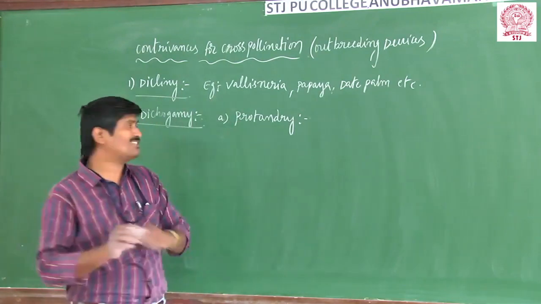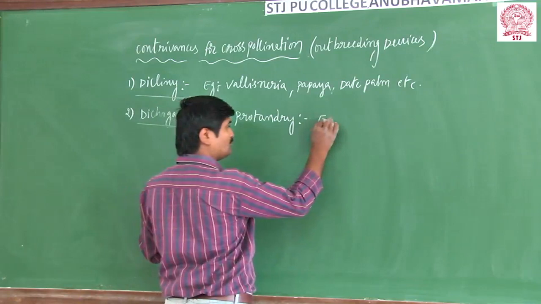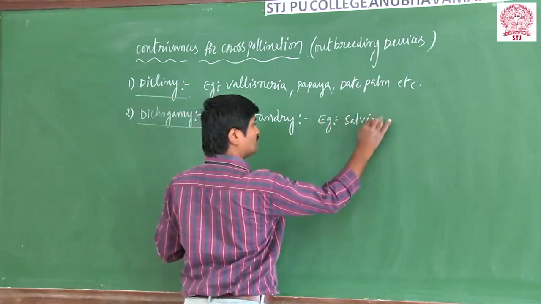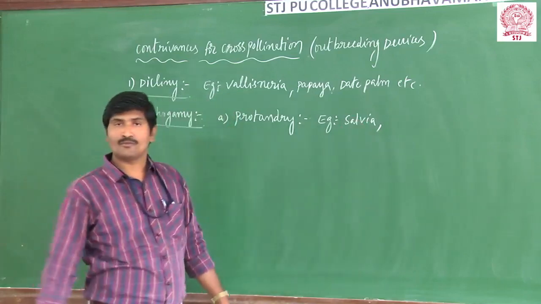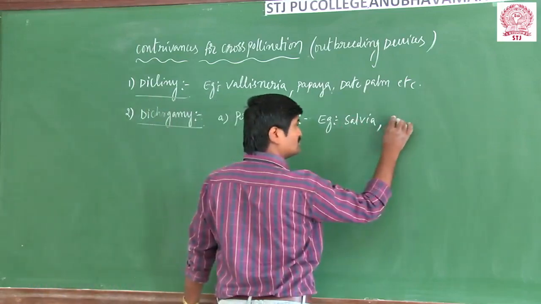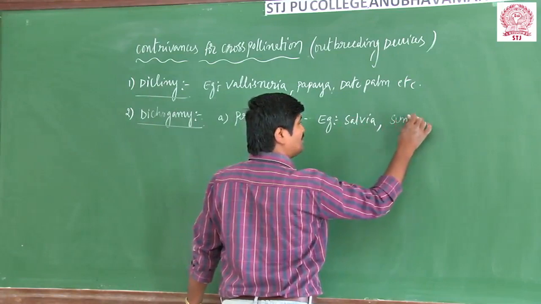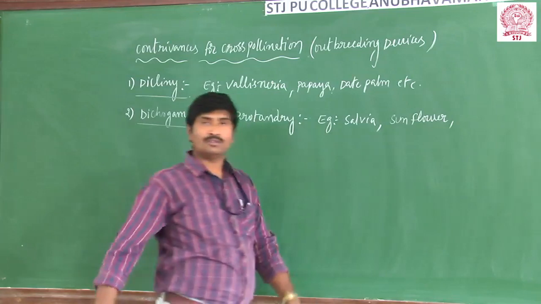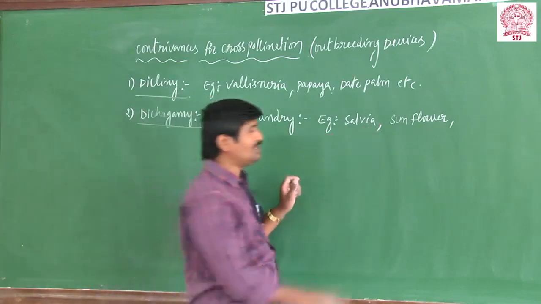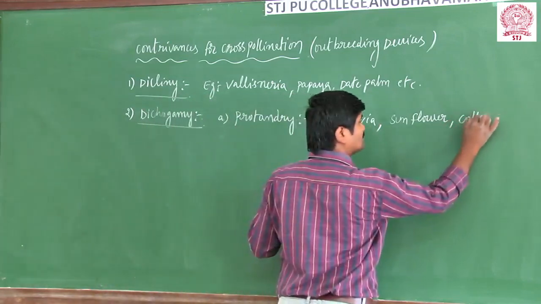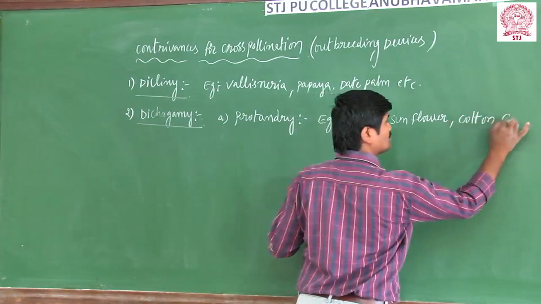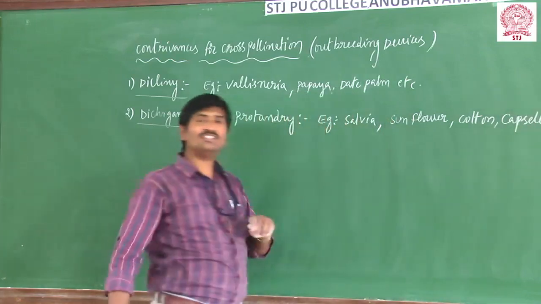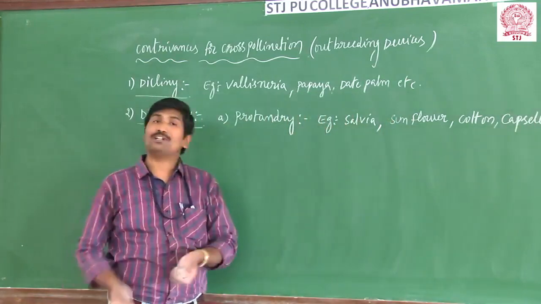The best examples for protandry: salvia, sunflower, cotton, capsella, etc. These are the examples for protandry.